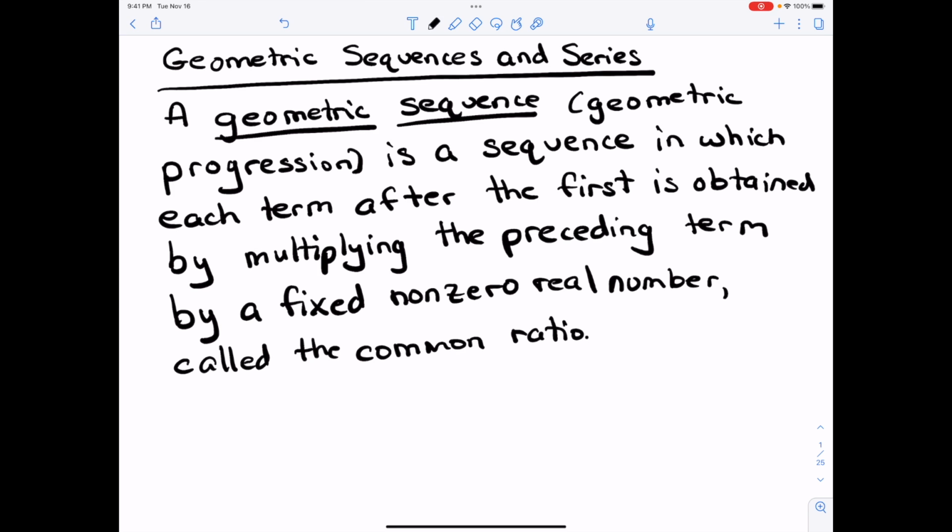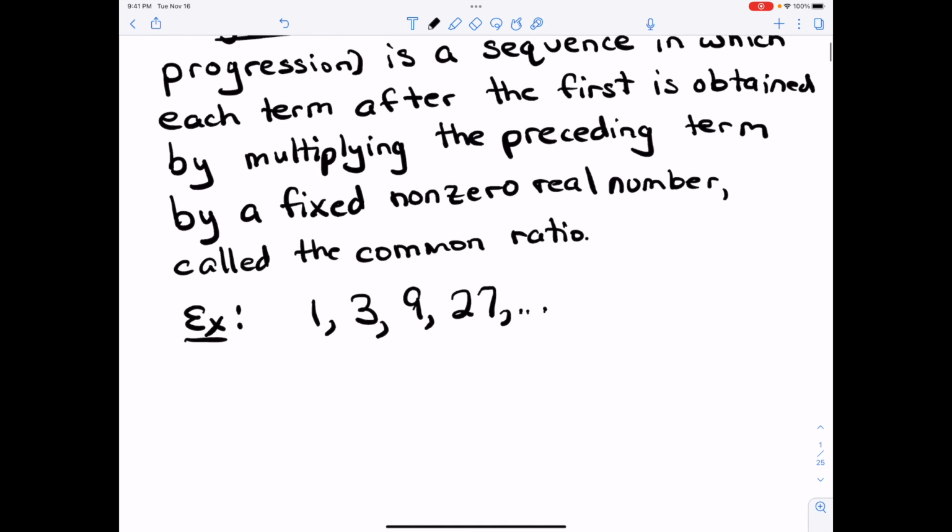Okay, for example, let's say you have the sequence 1, 3, 9, 27, etc. This is a geometric sequence. If you take 1, you can multiply by 3 and get the next term, 3.